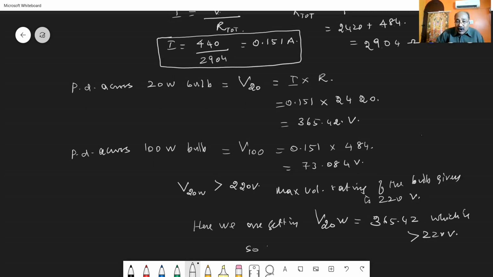So the 20 watt bulb will get fused in that series combination.